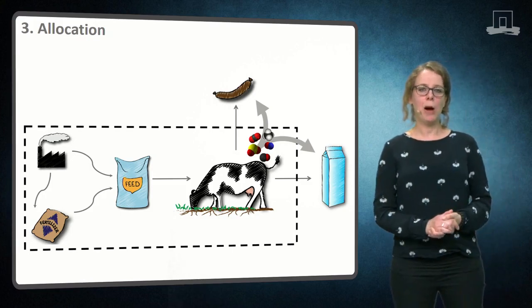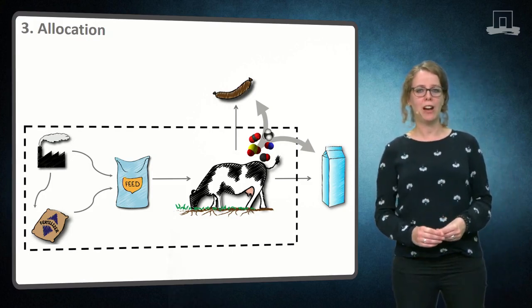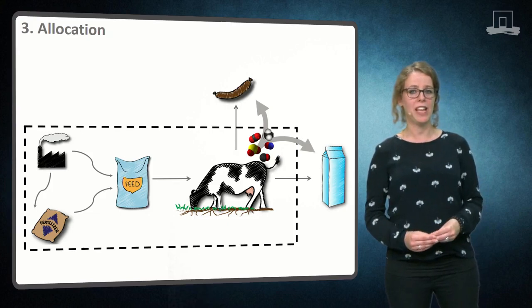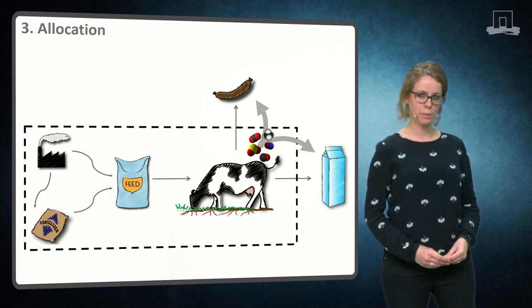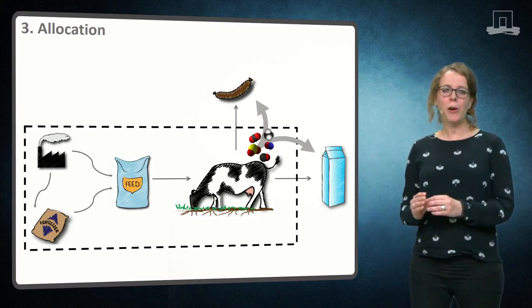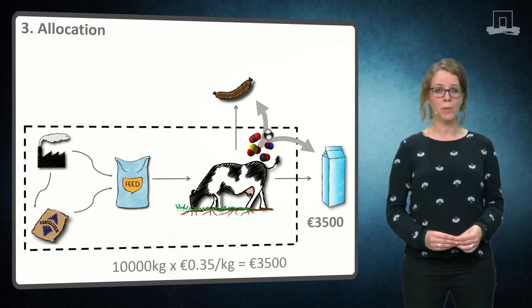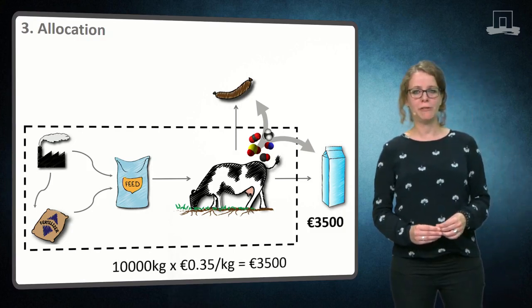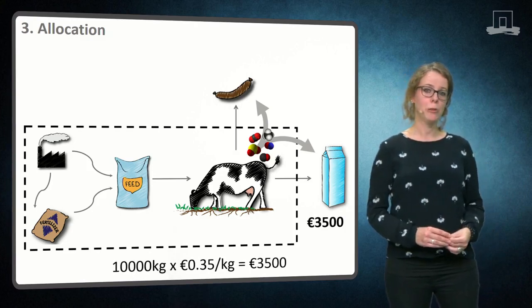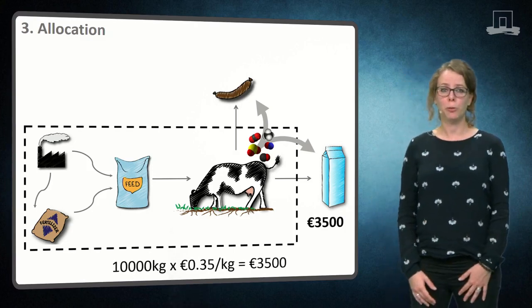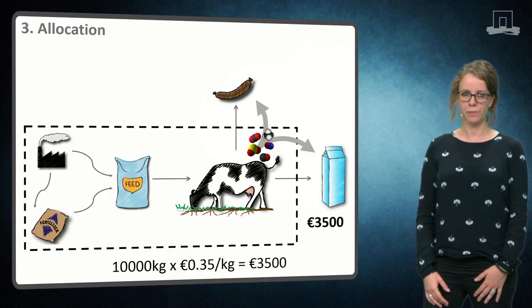Let's take the example of the farm that produces 500,000 kilograms of milk per year with only 50 cows. So the average cow on that farm produces 10,000 kilograms of milk per year, which is sold for 35 € per kilogram, resulting in a revenue of 3,500 euros.